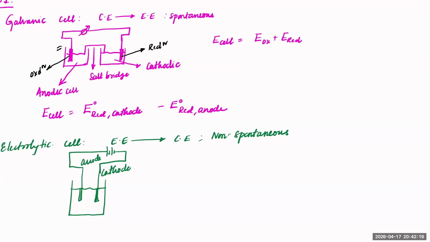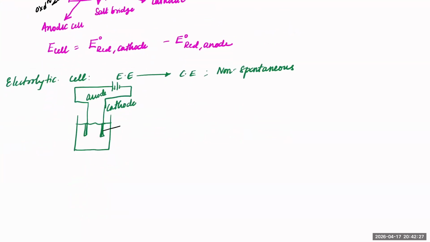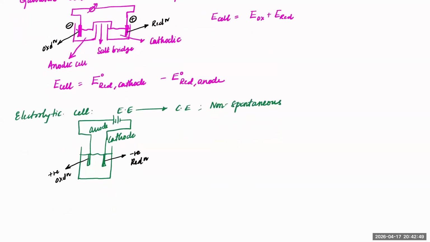In galvanic cell, electrons are accumulated on cathode and positive charge is accumulated at anode. In electrolytic cells, negative charge is accumulated at cathode, positive charge is at anode. But you know that oxidation will always happen at anode and reduction would always happen at cathode. Okay, this is the basic idea we need to have.